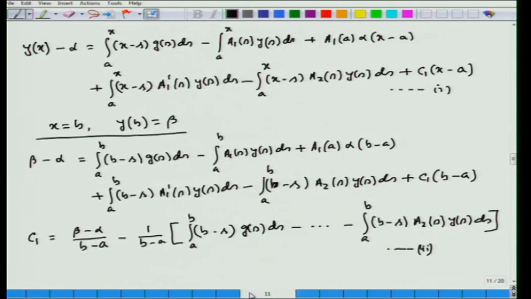So, first of all we are transferring this alpha onto the right hand side, then we have to write this entire expression, and then plus x minus a will be multiplied with the expression for c 1.